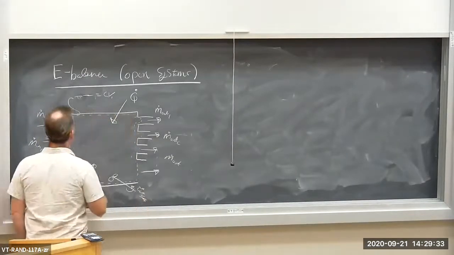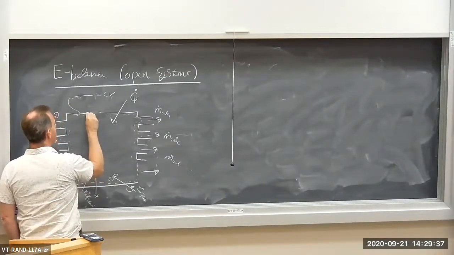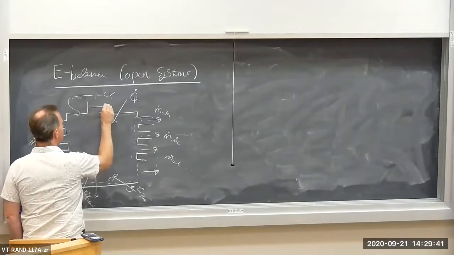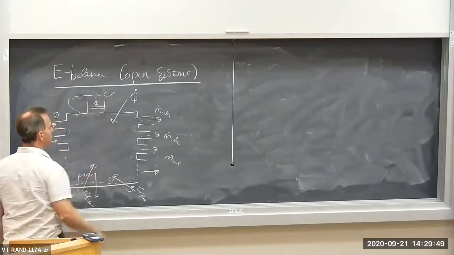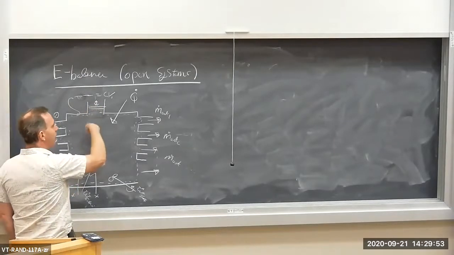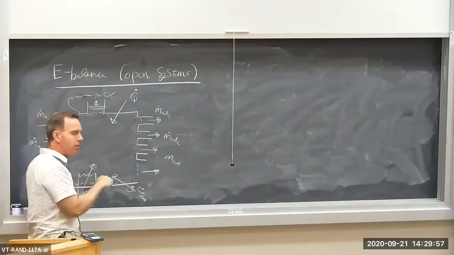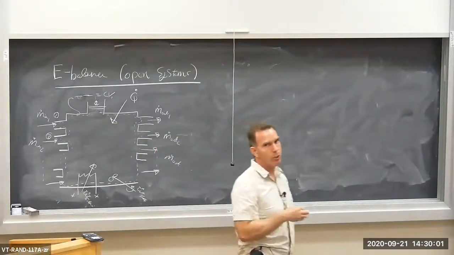We could have a piston in here, okay? And this piston could be moving up or down. So I could actually have a piston on the boundary of my open system, and it could be moving up or it could be moving down, changing the volume of the system, and therefore doing boundary work.